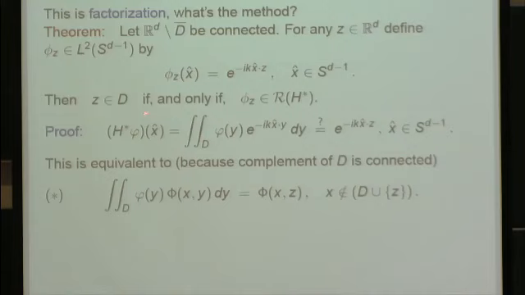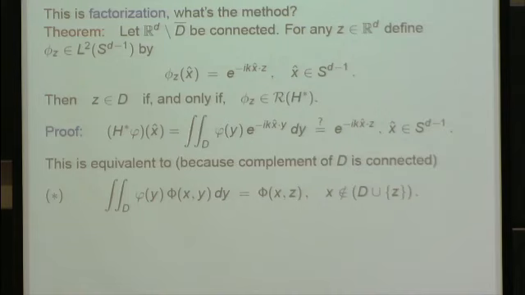And I also want to go a little bit into the proof. H star, recall that it was a volume integral. And we want to show that there exists a phi, at least if Z is inside. We want to solve this equation here. We have to solve this integral equation here for phi. Is that possible?